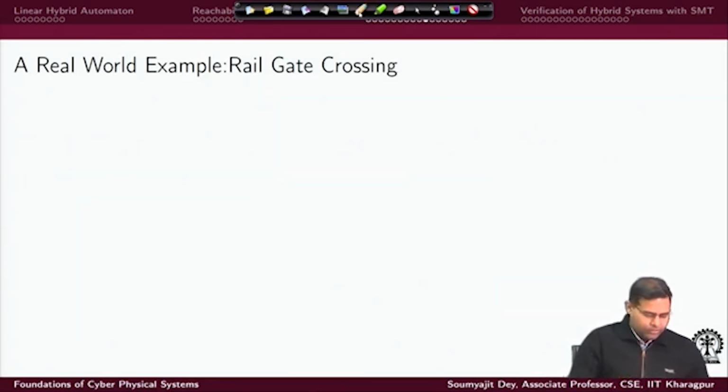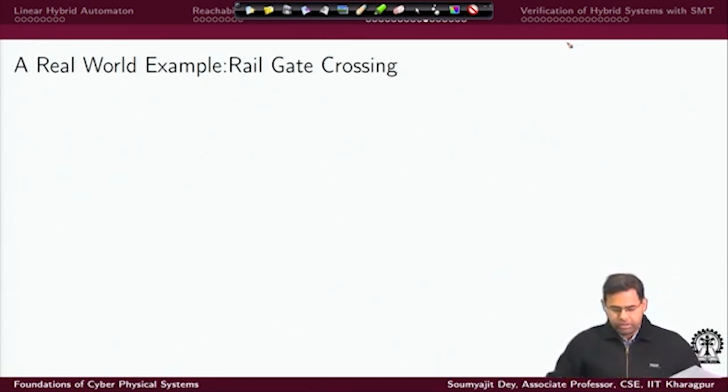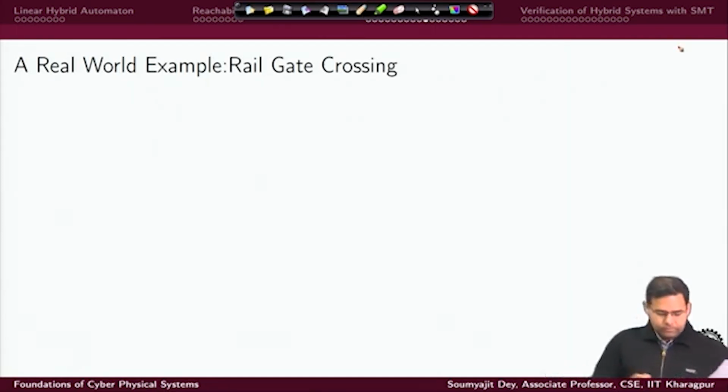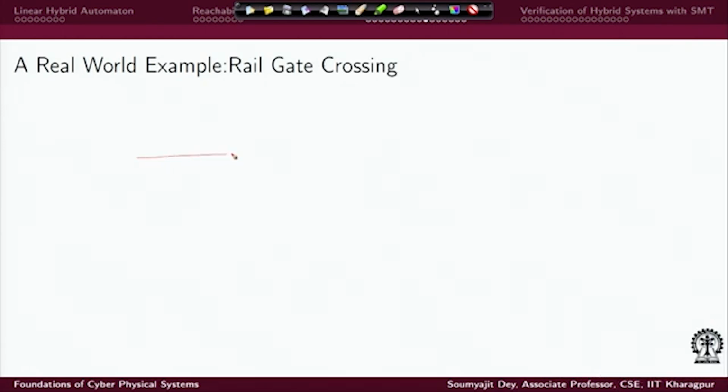For example, let us say you have a rail gate crossing. So, let us say in this crossing, whenever there is a gate and whenever the train is coming, there is a sensor which is sensing whether it is approaching or not.